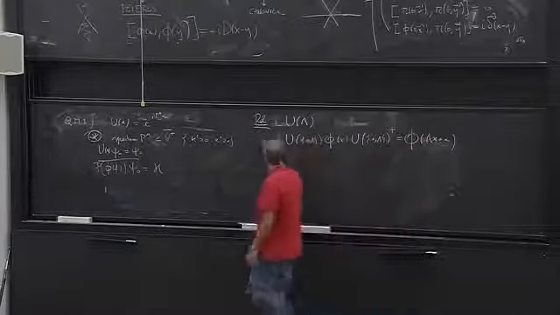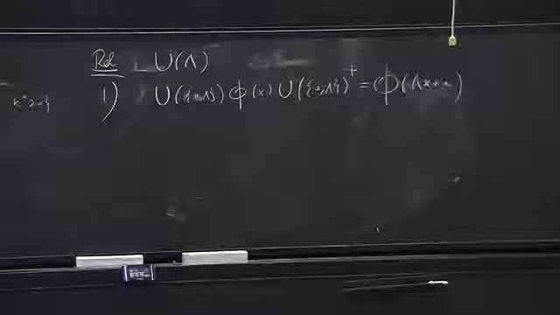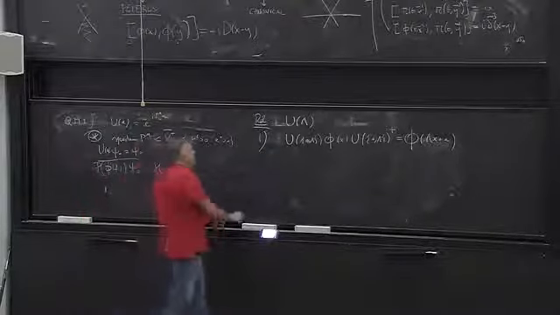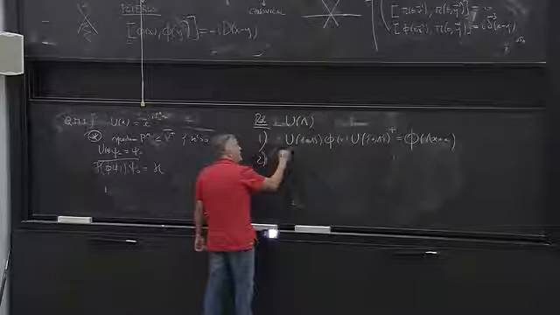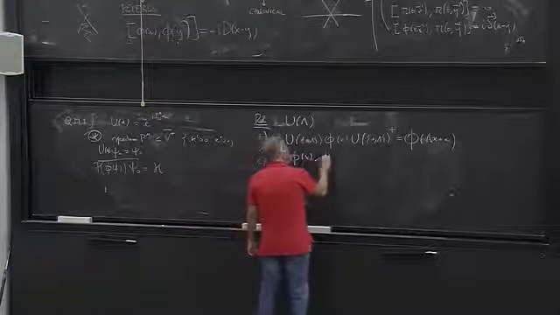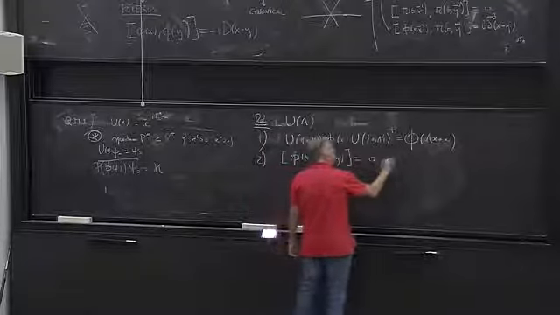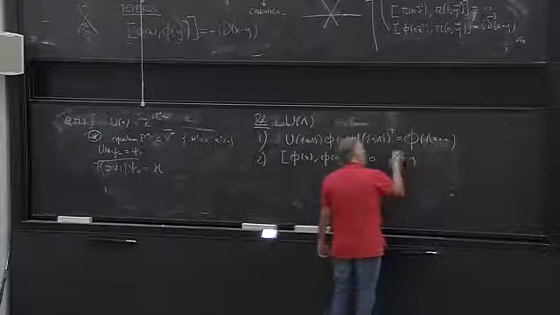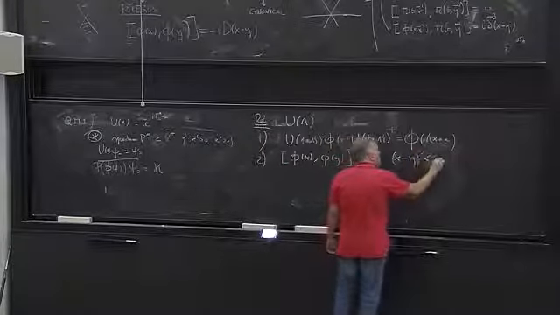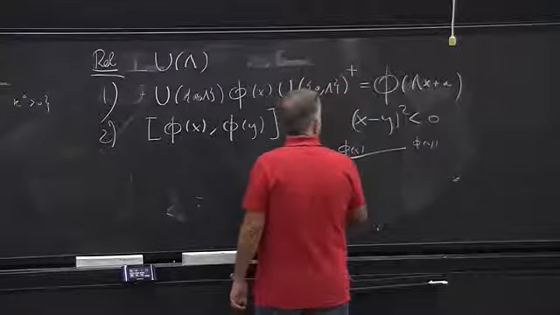This is the first property that comes from the relativistic invariance of the theory. And the second property is the local commutativity. The field should commute at space-like separated distances. If you have a field here and a field here, and they are space-like separated, that commutator should vanish.